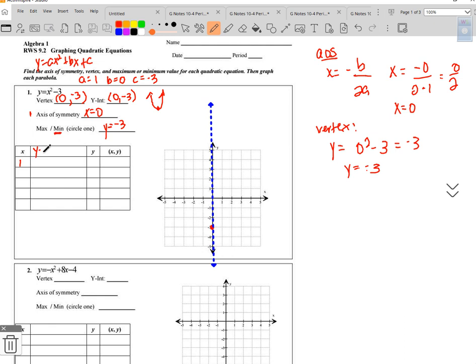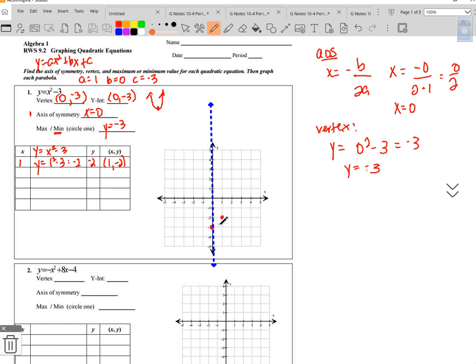Here I'm going to plug in 1 into the original equation, which is x squared minus 3. So y equals 1 squared minus 3, and that is -2. You can do that on your calculator. So now I have an ordered pair of 1, -2. I'm going to go ahead and plot that point, 1, -2.